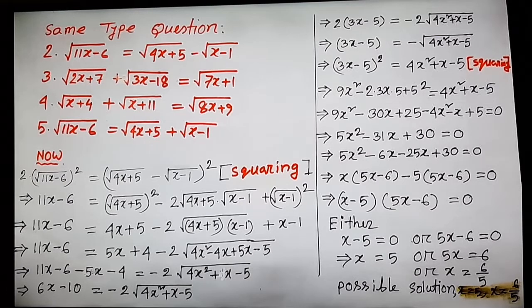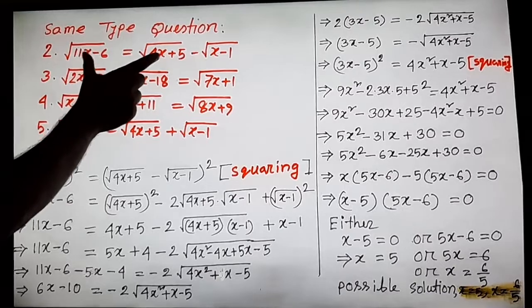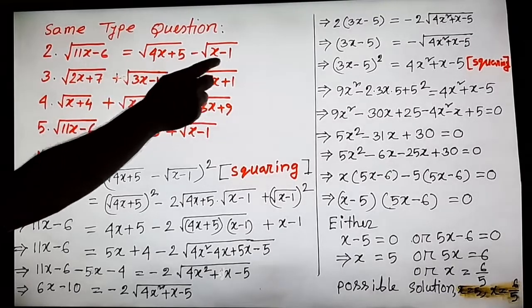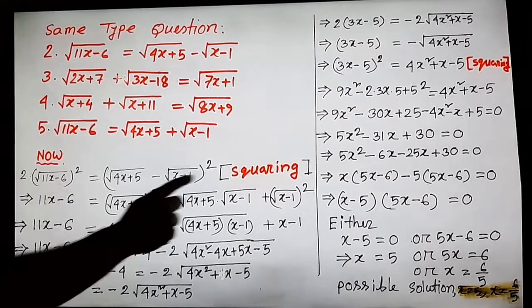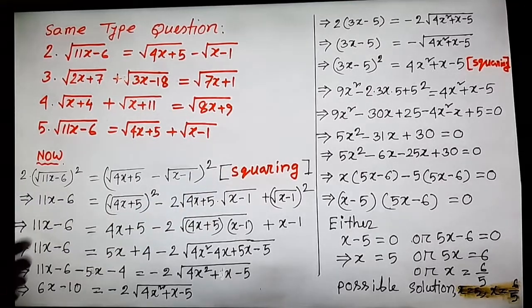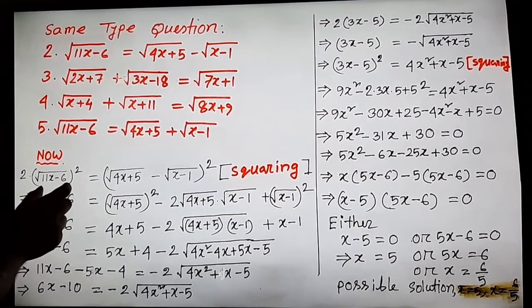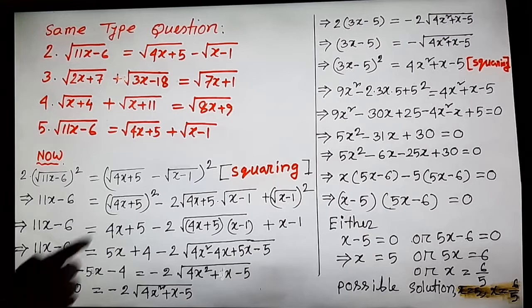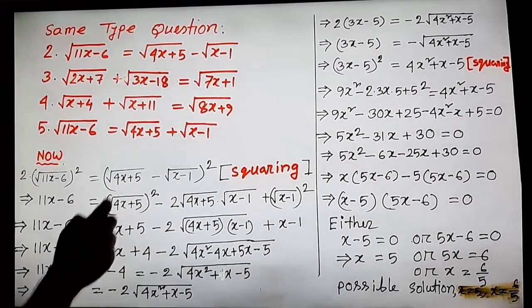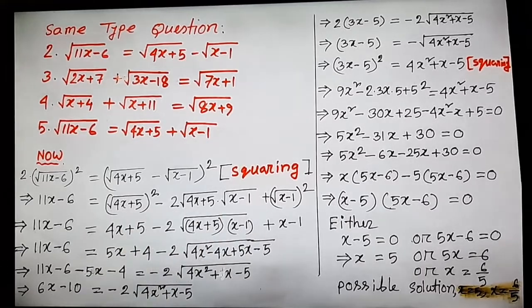At first, question number 2. This equation is the original equation, but squaring both sides, we can write root over 11x minus 4 is equal to 11x minus 6. So this term is a and this term is b. So a minus b whole square is equal to a square minus 2ab plus b square.